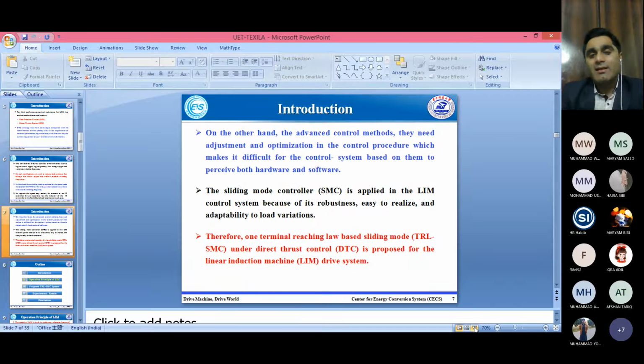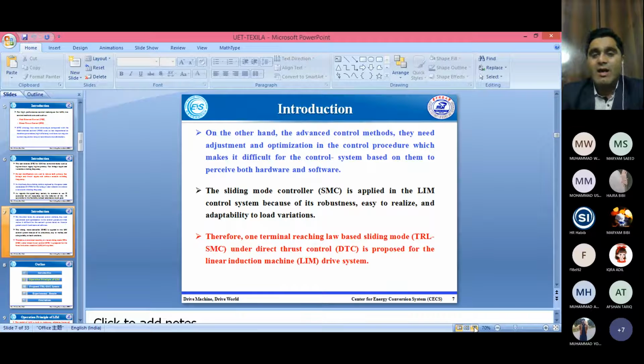On the other hand, advanced control methods need adjustment and optimization in the control procedures, which makes it difficult for the control system to be precise in both hardware and software. For example, in optimization control, we need high computational power, because we are using more than 100 or 200 or 300 iterations.